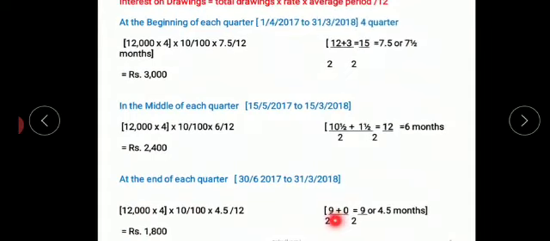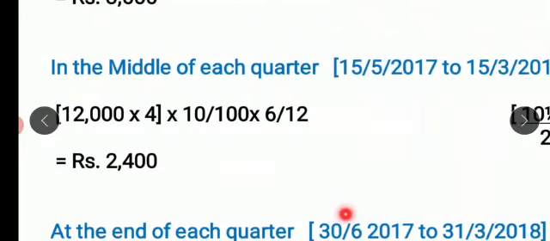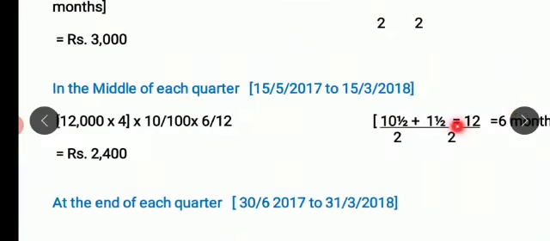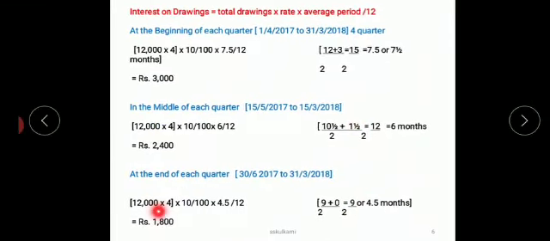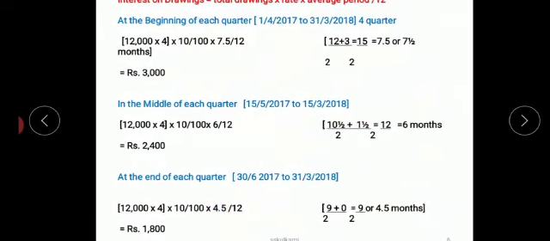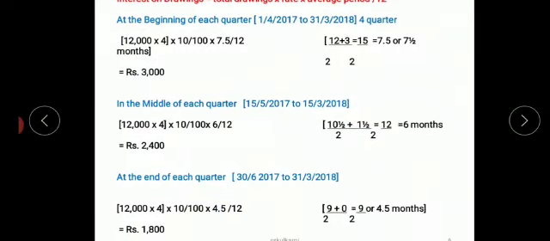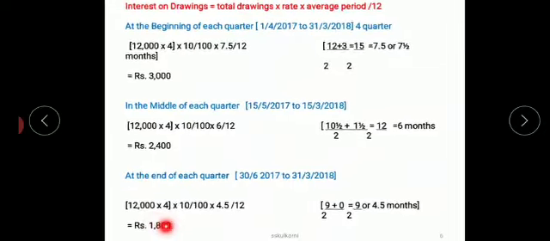The last quarter will not be taken into consideration. So 9 plus 0 divided by 2 gives me 4.5 months. Now 12,000 into 4 into 10 upon 100 into 4.5 gives me 1,800. Followed? It gives me an answer of 1,800.